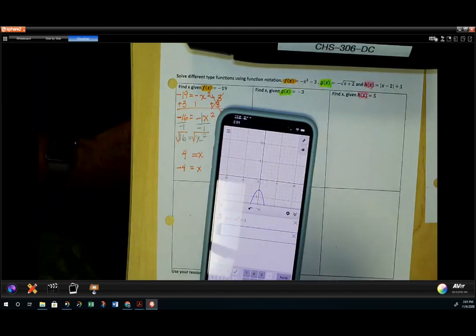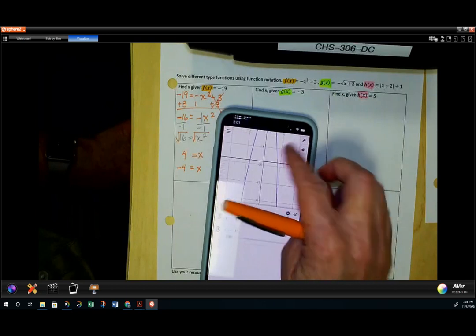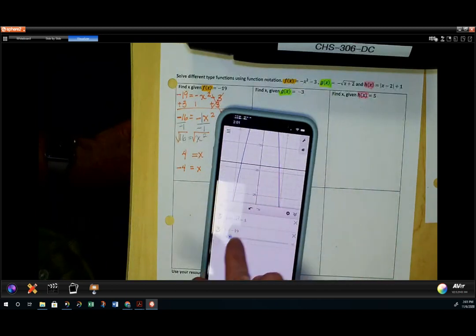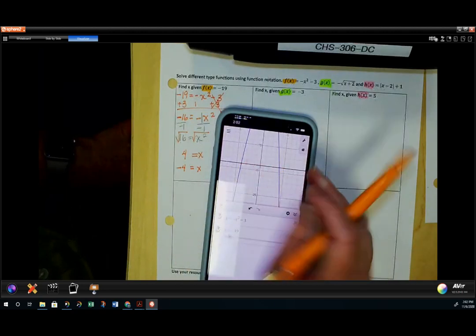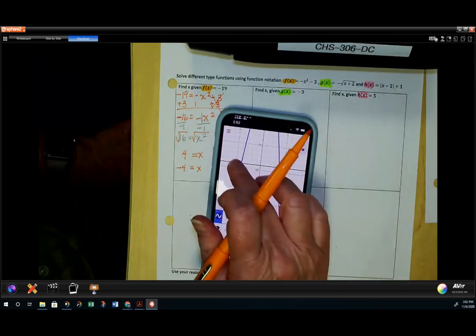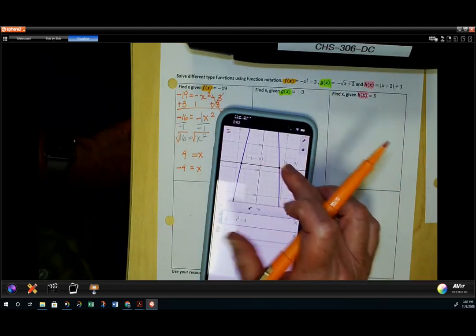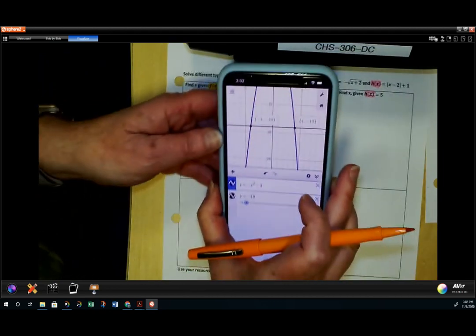And then the next function rule is y equals negative 19. And now you can't see where that line hits, so I have to scroll. And now you've got this little black line here, and it's going to hit at 2 places. So if I push that, I get negative 4. And I push this one, I get positive 4.